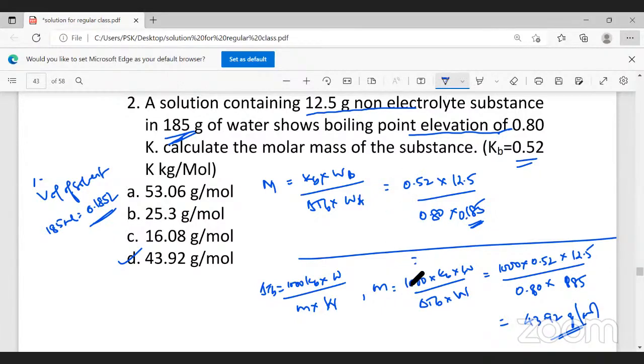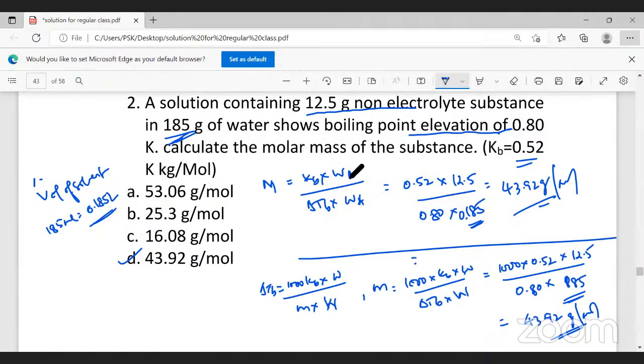Since we are not taking 1000, here also you can maintain it as 185 grams. If you simplify, this also will be 43.92 gram per mole. Both will give you the same answer. So I prefer you to use the 1000 Kb w divided by delta Tb W formula. Only confusion is the solvent weight unit.